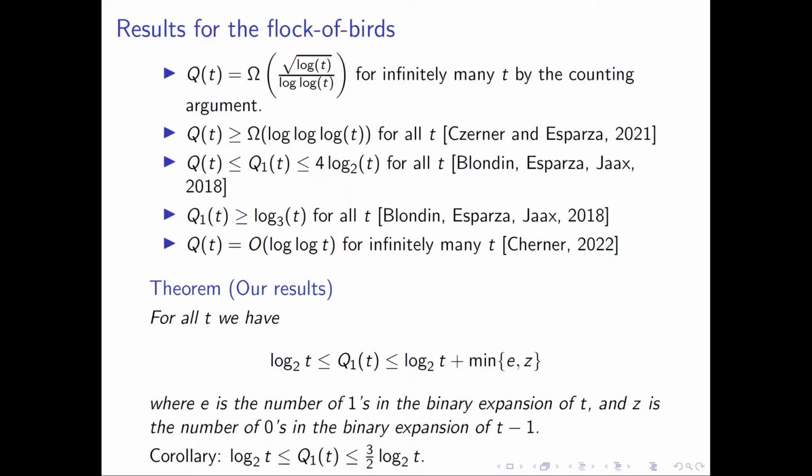So E plus Z is at most the length of the binary expansion of t minus 1. So one of them is at most half of the binary log of t. So the corollary of this is that Q1 of t is between the binary log of t and 3/2 of the binary log of t.